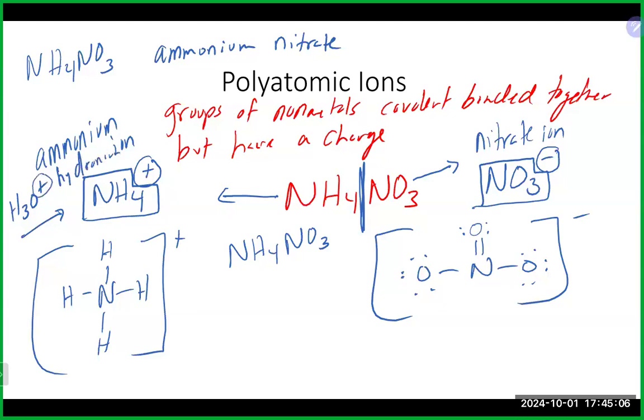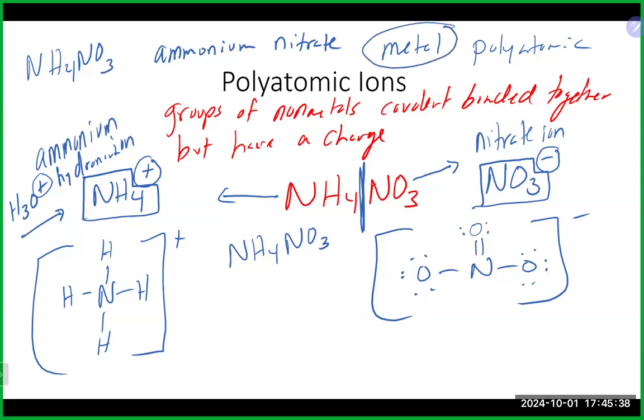But for the most part, there are very few positively charged polyatomic ions, which means that most of the time the polyatomic ion is going to be hooked up with a metal. So most of the time you're going to have a metal and a polyatomic ion together.